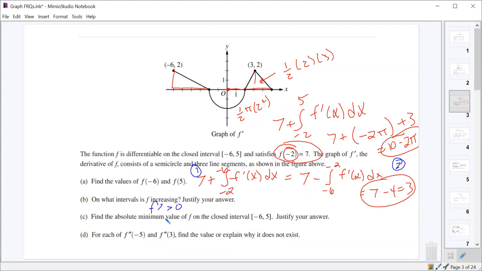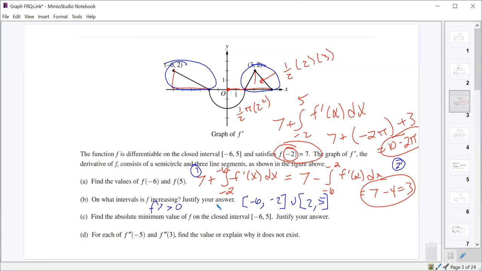Well, in order to figure that out, we just have to look at the graph. F prime is positive here and here. And because they always ask you to indicate increasing and decreasing intervals with brackets, should be -6 to -2 and 2 to 5. And that should be it.